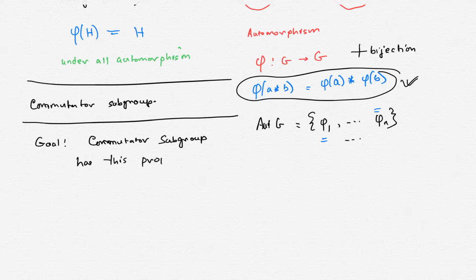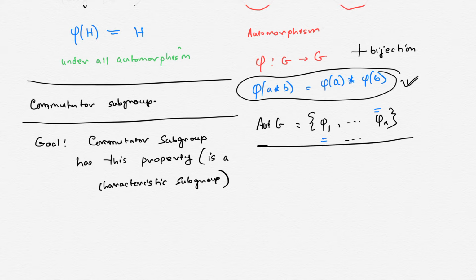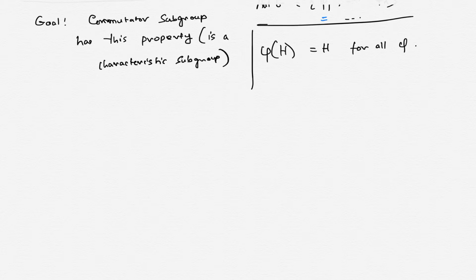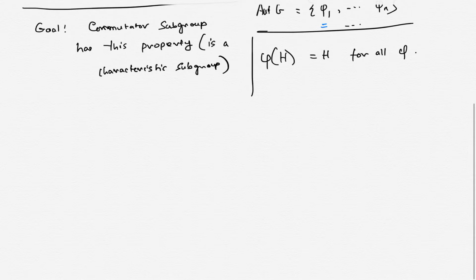In fact, any subgroup which has this property, that it is invariant under all automorphisms, is known as a characteristic subgroup. So one more time, what is a characteristic subgroup? H is a characteristic subgroup if phi of H is equal to H for all phi, so for any map in the automorphism group of G.